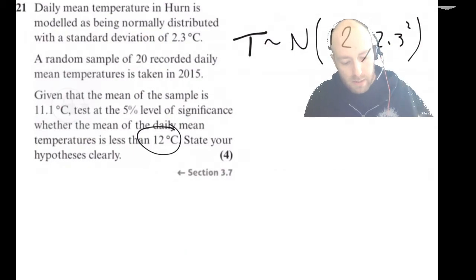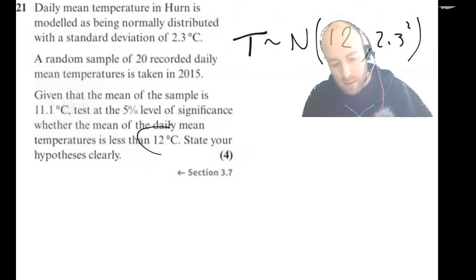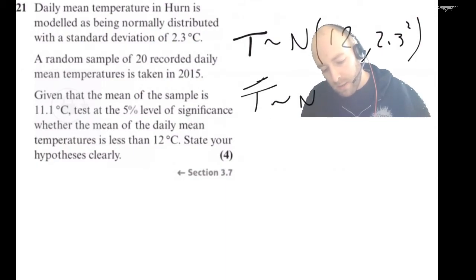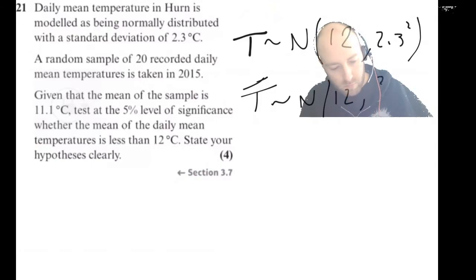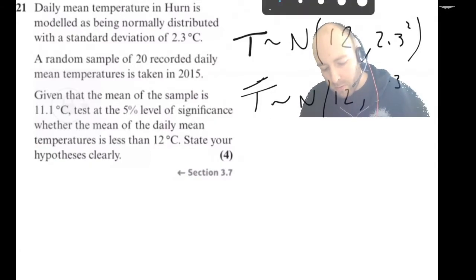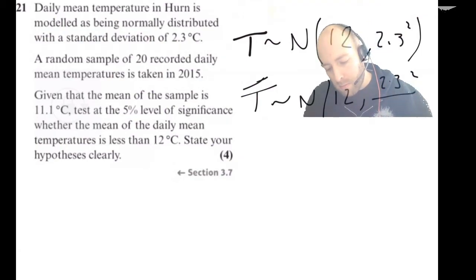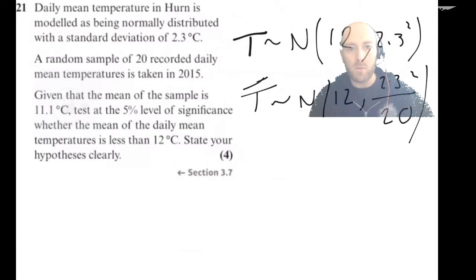Okay, so that is our population. We've got a sample though, so our sample mean is going to be 12, and the variance is 2.3 squared over 20, which is our sample size.